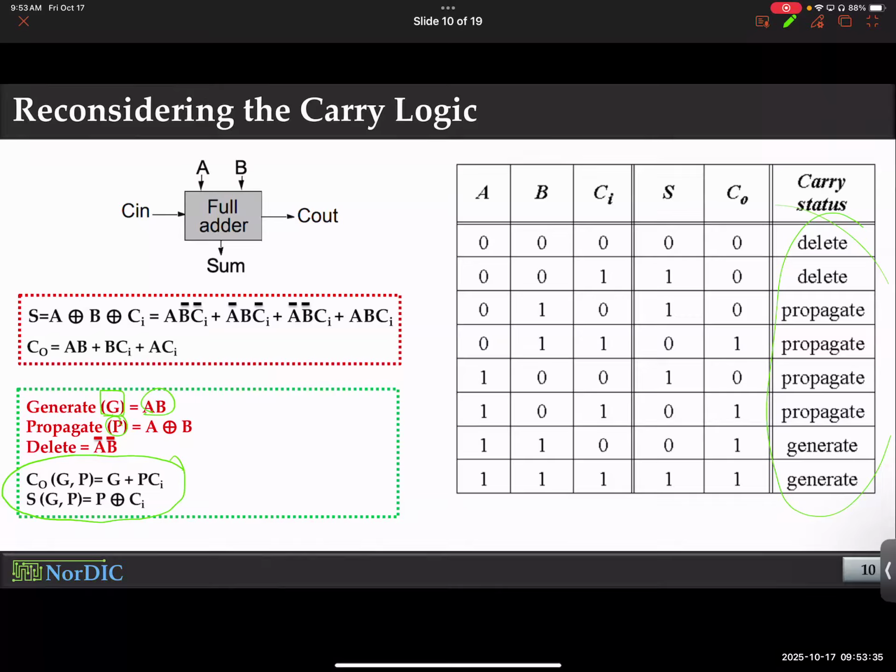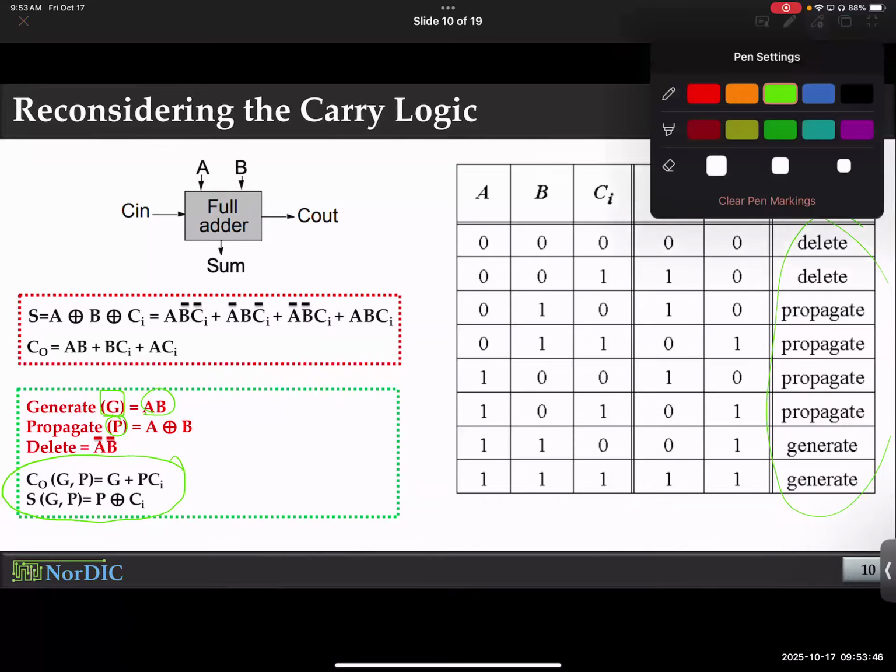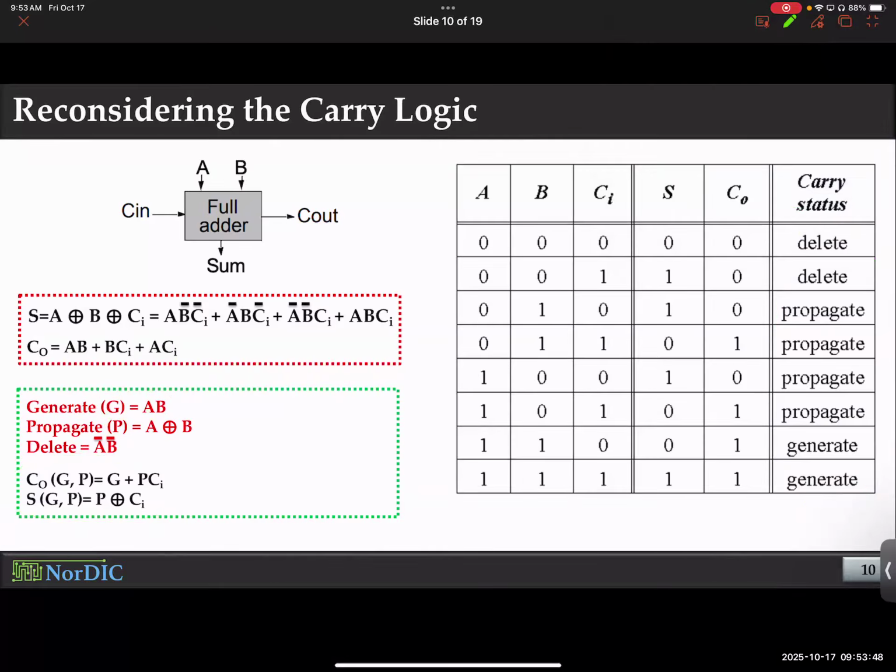The other variable, why P? Why not D, X, Y, whatever, right? They try to correlate this to propagation, that carry will be propagated. That's why P. But if you don't care about all that, just imagine you rearrange these two functions in a way that you get an intermediate expression.